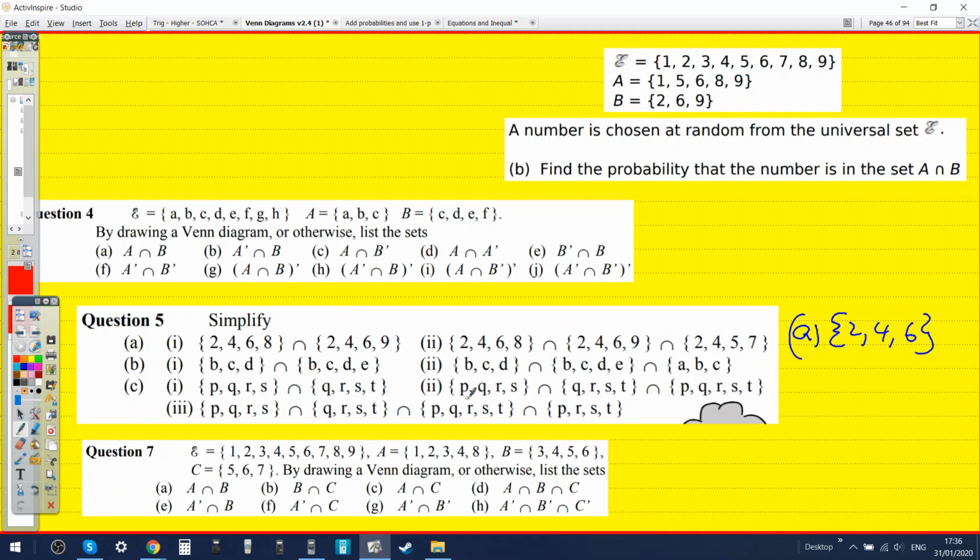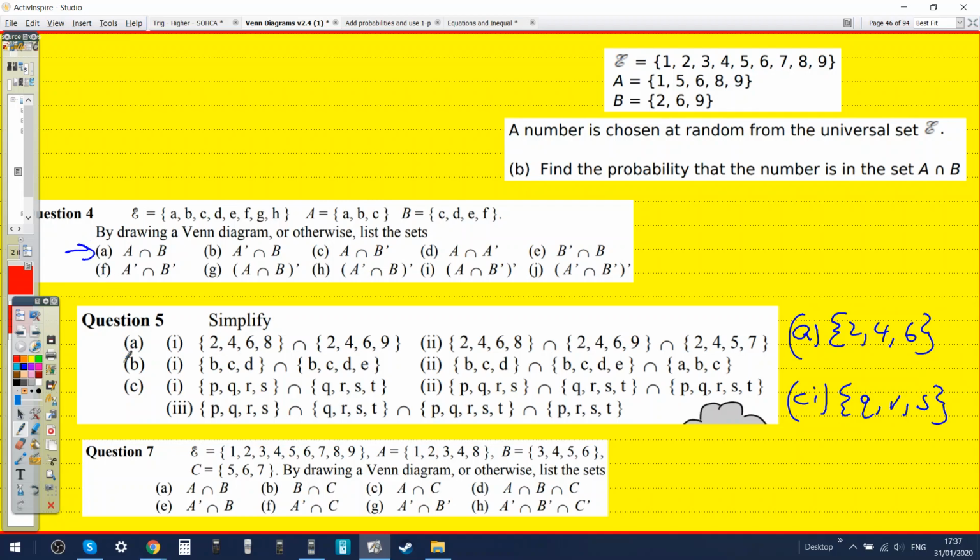How about C part 1? Okay. Q or S T, or just Q or S. So that one is Q R S. Yep. How about this one up here?